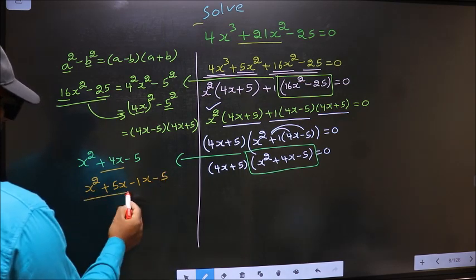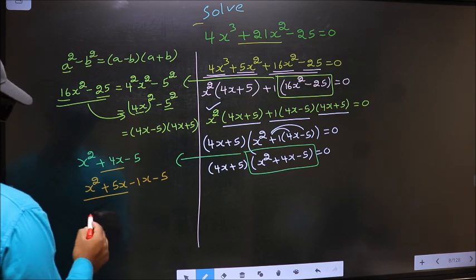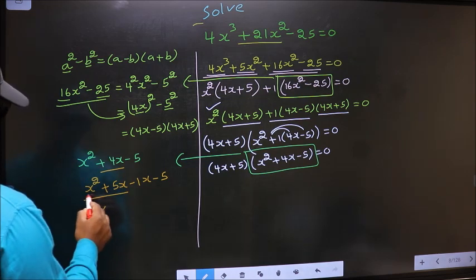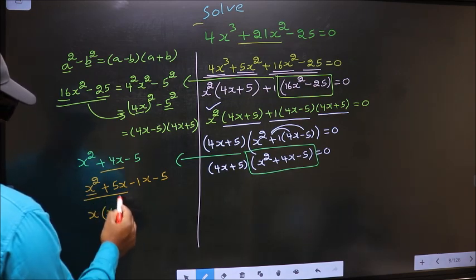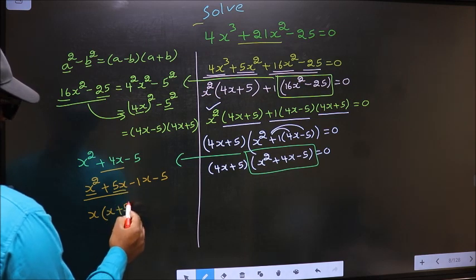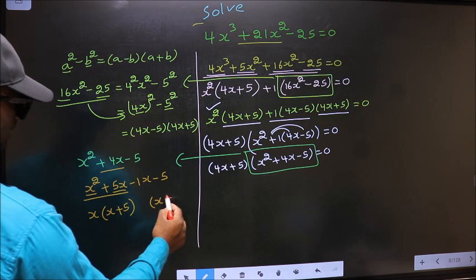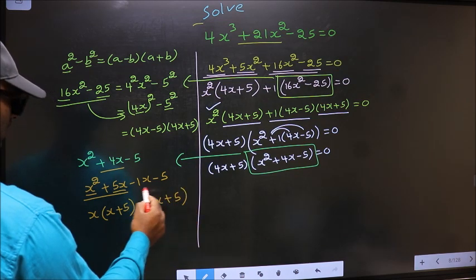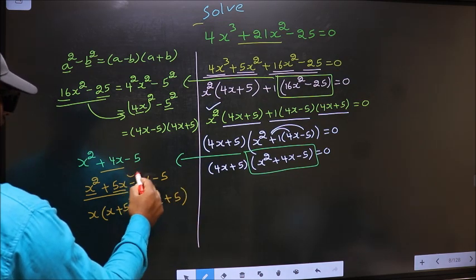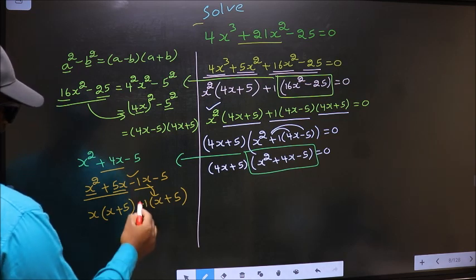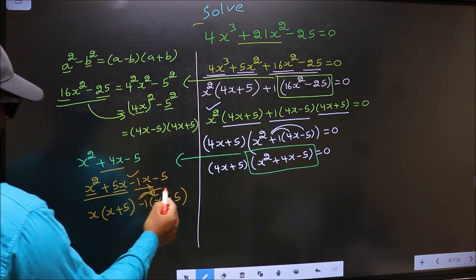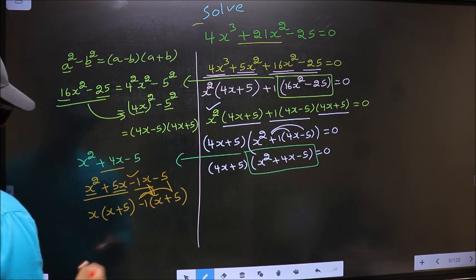Next, what can be taken out common from the first two terms is x. So here you get x(x + 5). Now whatever we got here, here also we should get the same thing. From this, -1 taken out gives (x + 5) inside. Even if you multiply and check, you still get the same thing.